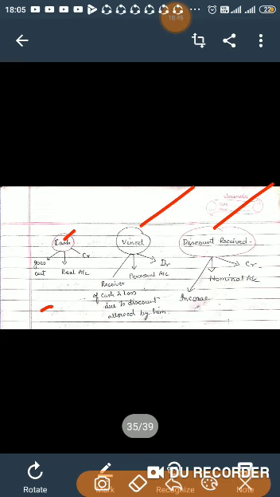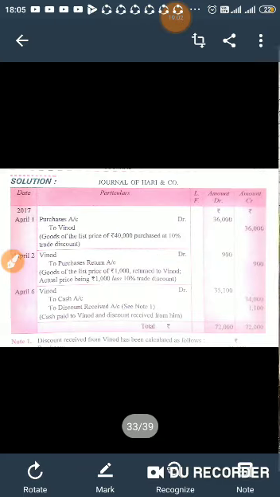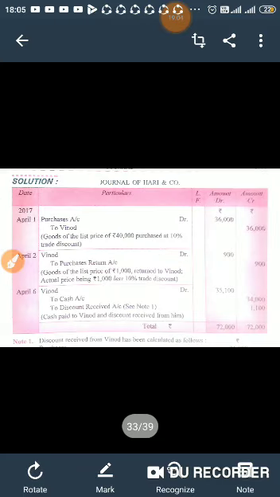So he is a personal account, he is the receiver of cash as well as loss, so he should be debited, and discount received is a nominal account, it's an income for the business, so it should be credited. And the journal entry will be, as shown here, Vinod debited with 35,100 to cash account 34,000, to discount received 1,100.